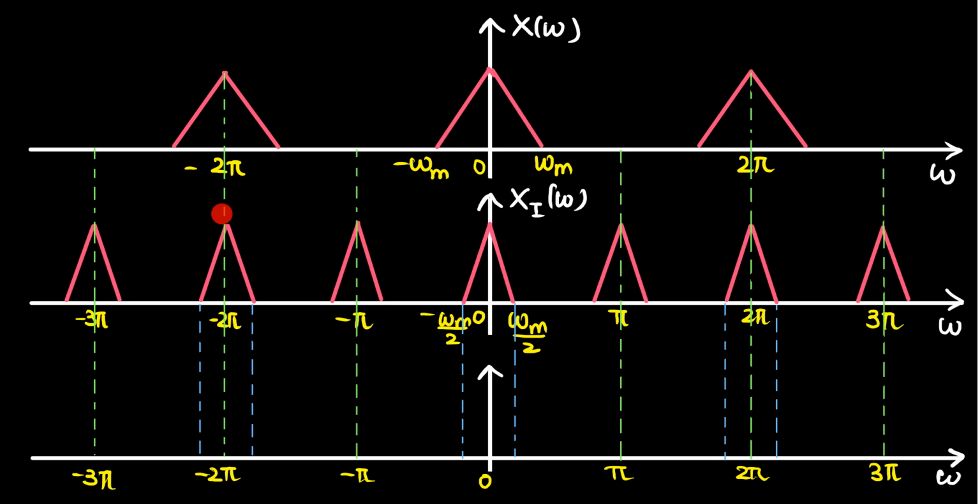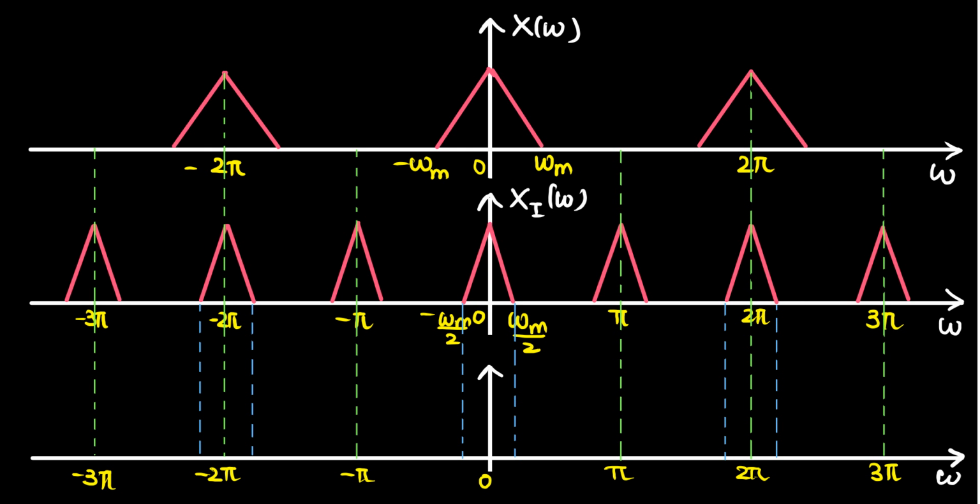Now we know that the replicas present at minus 2 pi, 2 pi and every integer multiple of 2 pi are the needed ones, whereas the replicas that are now available at pi, minus pi and 3 pi are somewhat unwanted replicas.